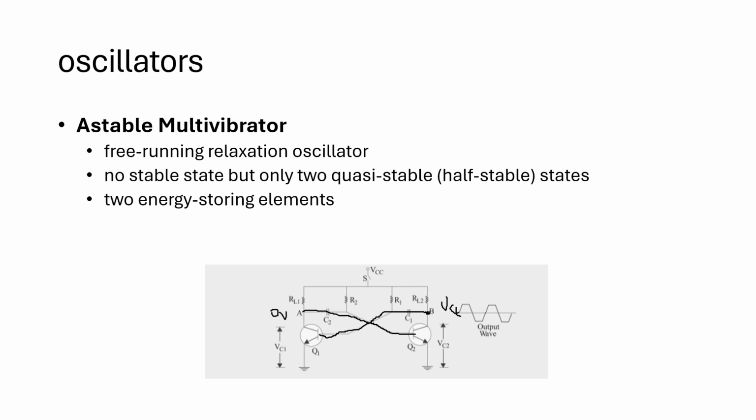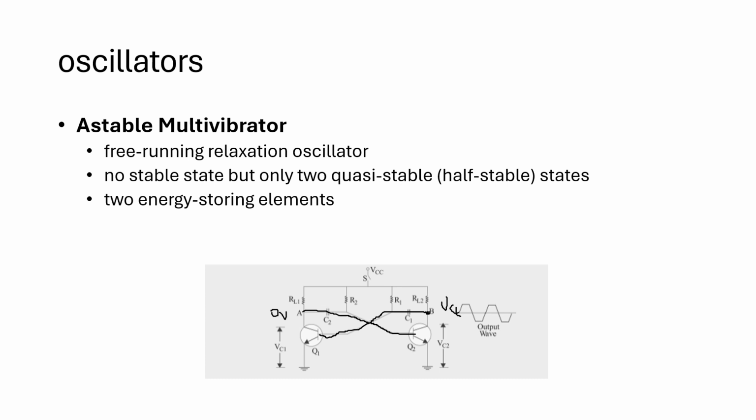So since A is 0, your C2 now starts. Since there is a change in potential, a potential difference, C2 starts to charge through R2 towards VCC. When your voltage across C2 rises sufficiently to 0.7, it biases Q2.